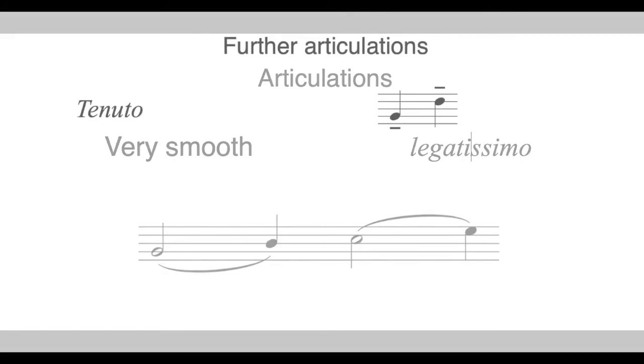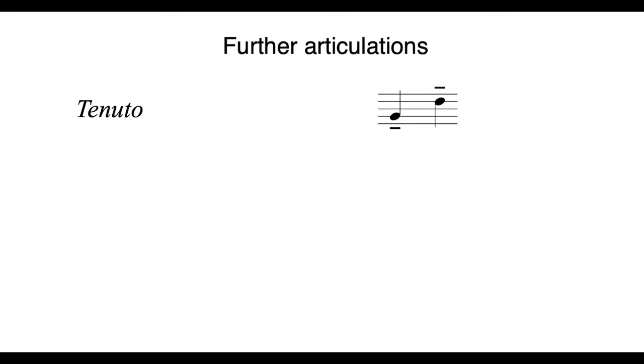The Italian word tenuto, indicated with dashes above or below notes, means give the notes their fullest possible value, or perhaps held slightly longer, if possible, or give the note a little more weight or pressure.